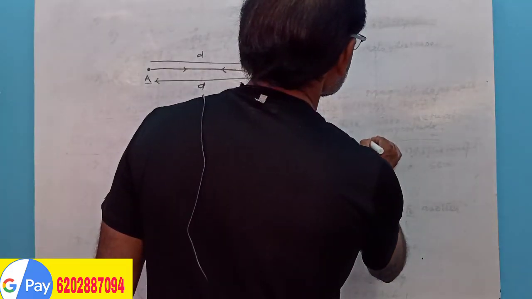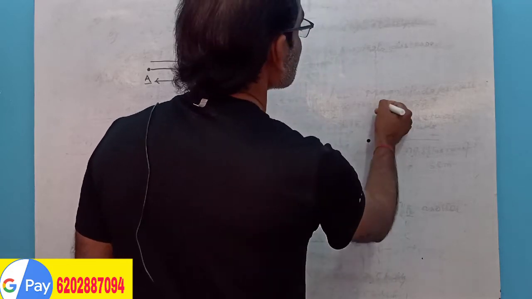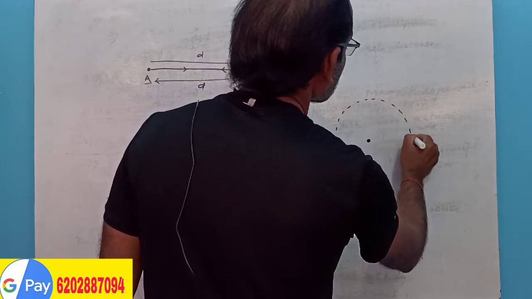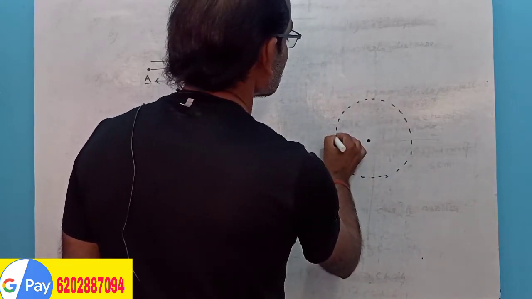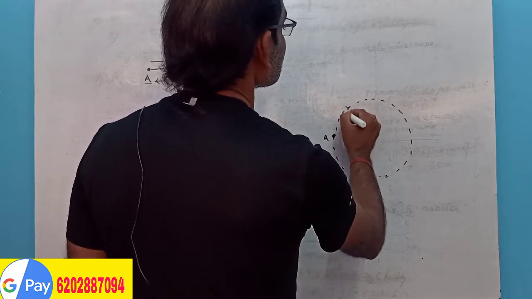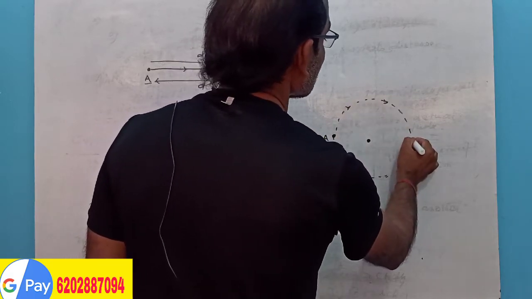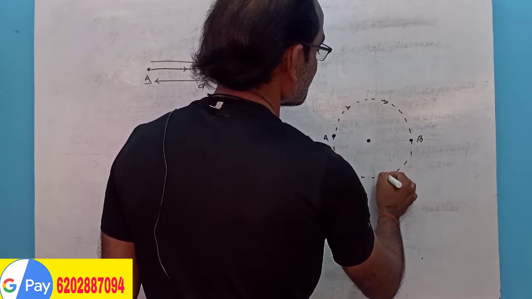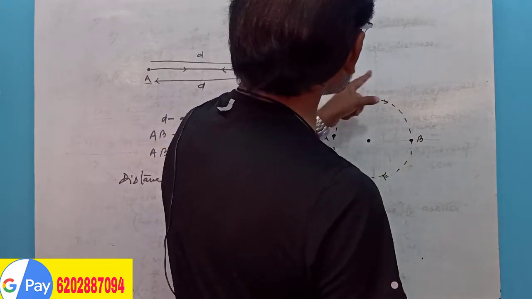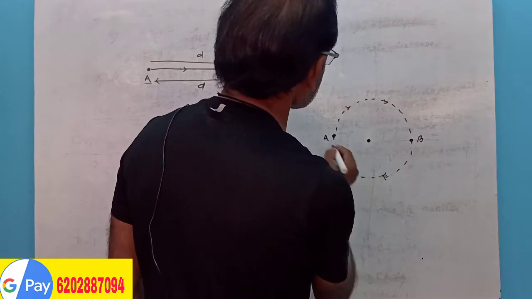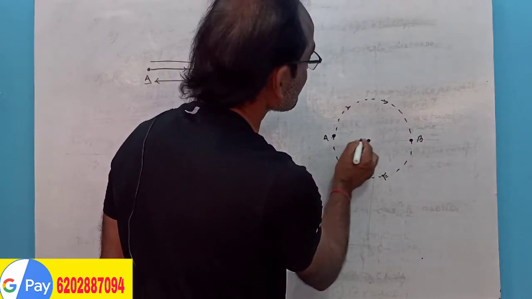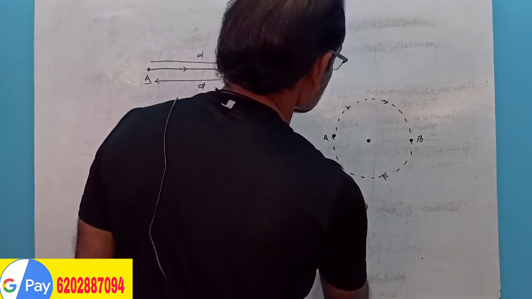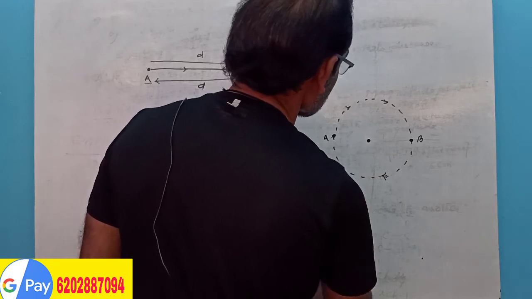Suppose a body moves around the center from point A and reaches the point B, and in their moving process, if the body reaches its initial point, then the distance traveled is 2 pi r.